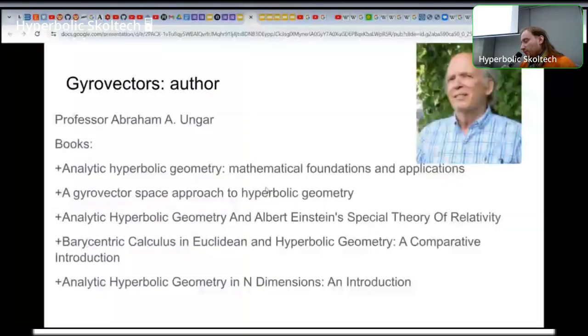Okay. Actually, that was the most complicated topic for me to study. So lots of algebra is ahead. Gyrovectors were invented by Professor Abraham Ungar from North Dakota University. He wrote several very thick books.